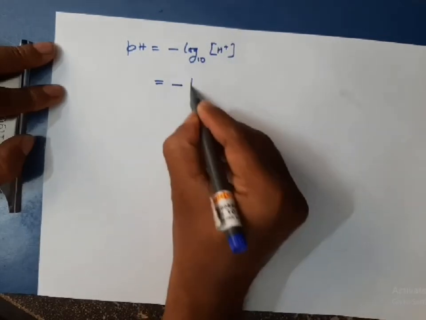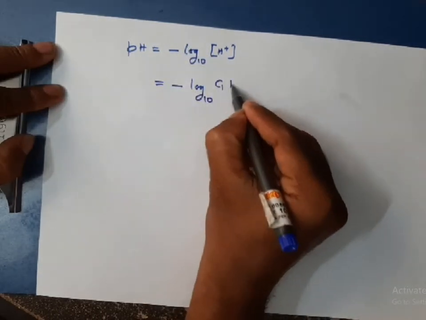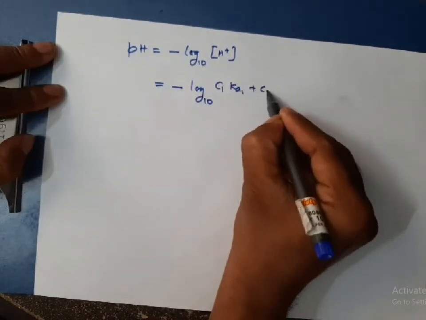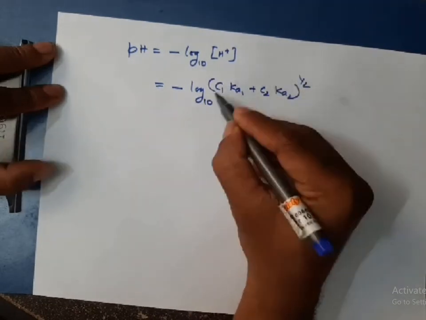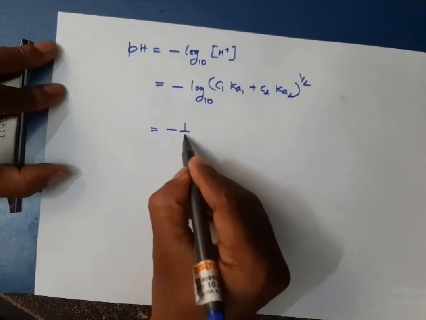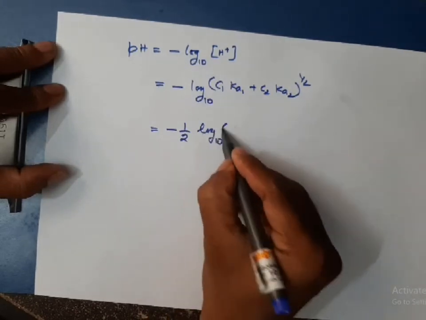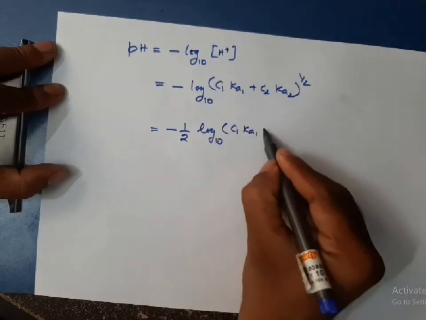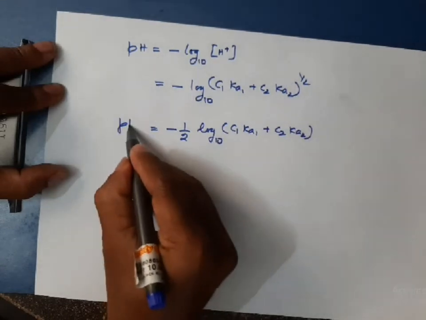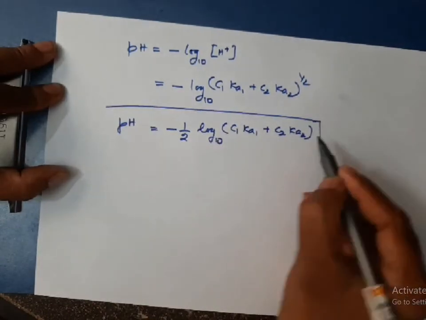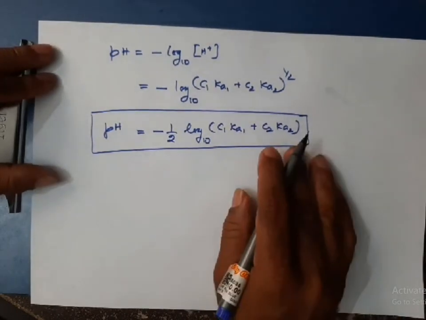So minus log base 10 of H plus ion concentration, which is c1 into Ka1 plus c2 into Ka2 whole power half. Bring the half in front. So minus 1 by 2 into log base 10 of c1 into Ka1 plus c2 into Ka2.